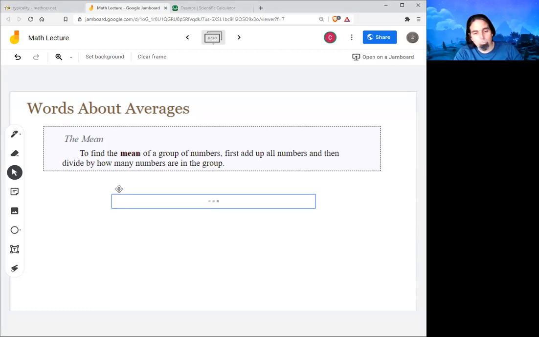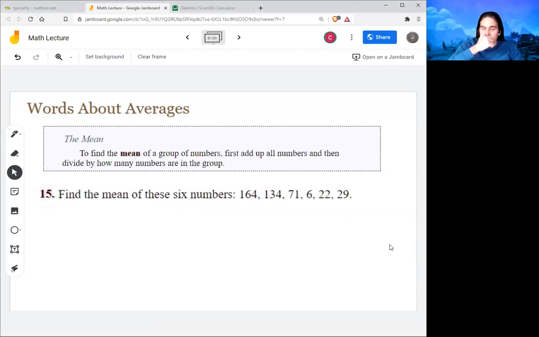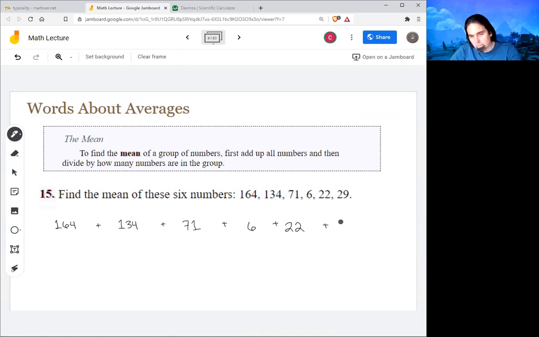Here's a problem from a different place. So there's 6 numbers. I'm going to add them all up. So 164 plus 134 plus 71 plus 6 plus 22 plus 29. And you might have done this faster than me.